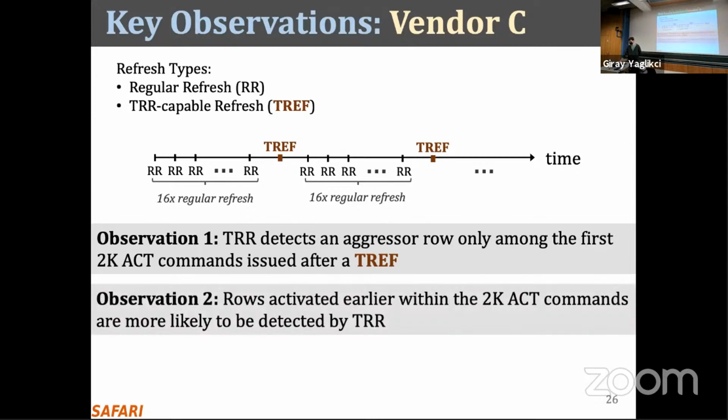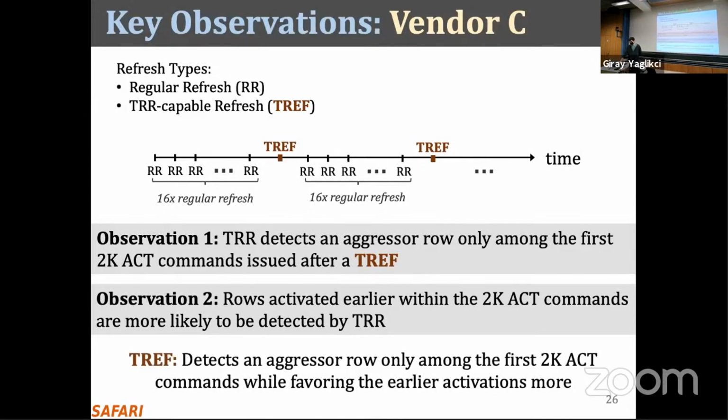We also observe that the rows activated earlier within the 2K activation commands are more likely to be detected by TR. So the very first rows activated within these 2K activation commands are the most likely targets of the TR mechanism. Basically, TR probabilistically detects an aggressor row within the first 2K activations while favoring the earlier activations more.